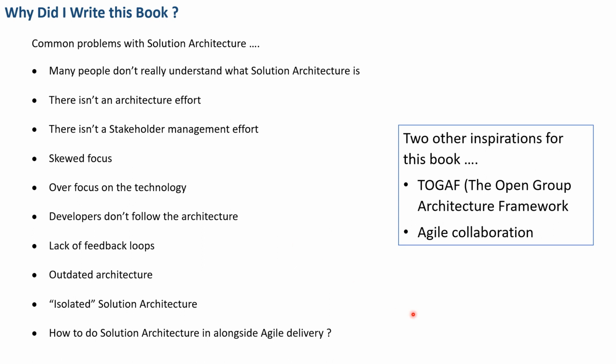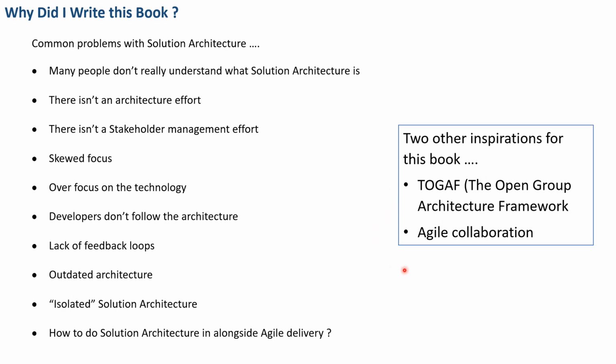And also a couple of other inspirations are TOGAF. So I will mention TOGAF quite a lot in this presentation, and it's mentioned a lot in the book. It is the enterprise architecture framework, highly established, the de facto enterprise architecture framework. But it doesn't, in my view, necessarily get down to the level of what you need to produce and carry out solution architecture.